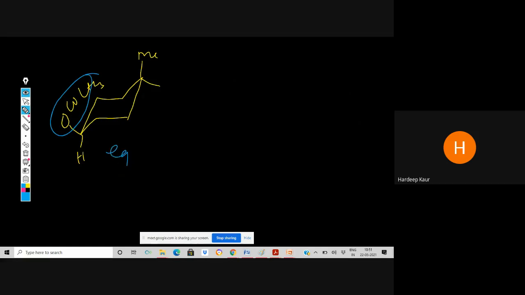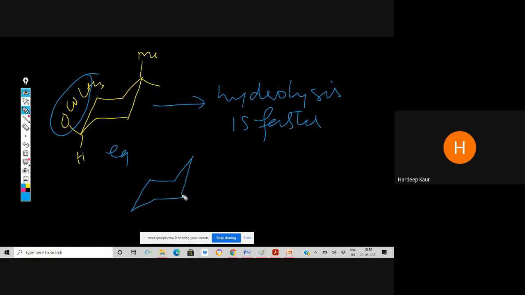So in this case ਜਿਹੜੀ ਤੁਹਾਡੀ hydrolysis, ਜਿਹਨੂੰ ਅਸੀਂ saponification ਕਹਿੰਦੇ ਹਾਂ, esterification ਦਾ reverse. So hydrolysis is faster in comparison to the axial substituent. So in this case if we have acetate here, so axial ਵਾਲੇ ਦਾ comparatively ਇਹਦਾ hydrolysis, it is faster. ठीक है?